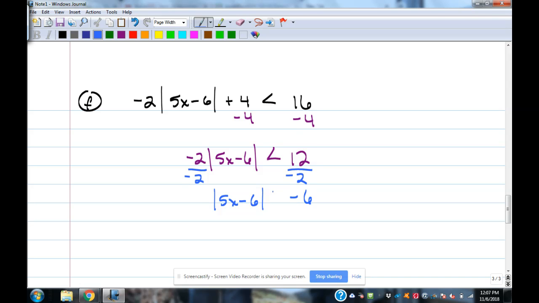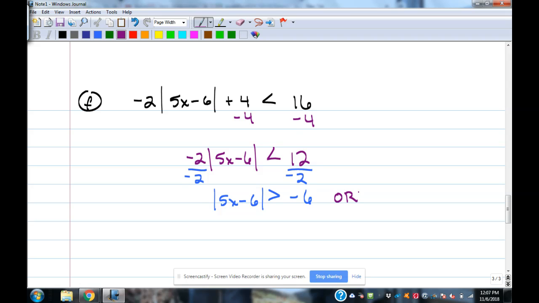Flip the symbol. Why? That's right. That's exactly right. When you divide or multiply by a negative, right there in that blue step, we divided by negative 2. So that's what tells us to flip our symbol around, which means this turns into what? An OR problem.